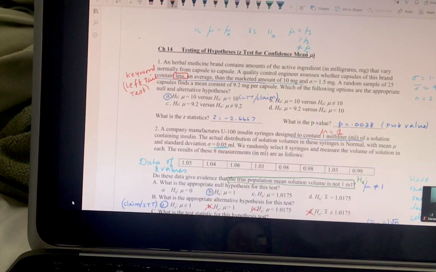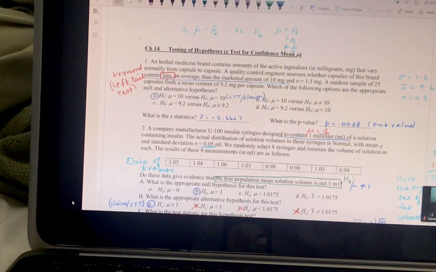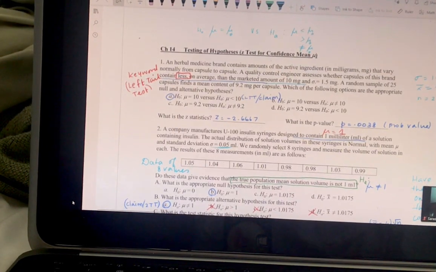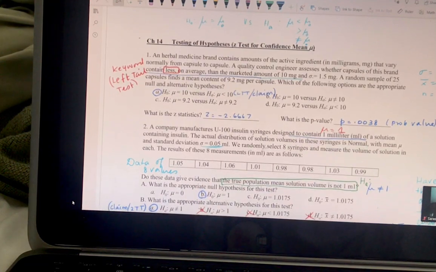Now, what is your null hypothesis? What is your alternative hypothesis? That's going to be circled. You are given four choices A, B, C, D. As I said, you have the keyword less, so out of the four choices, A is the most appropriate one.